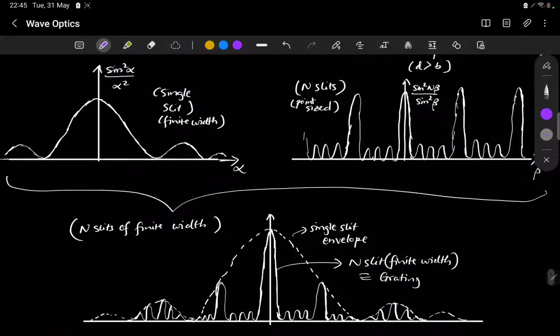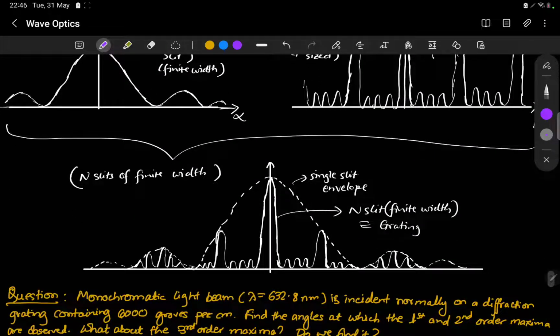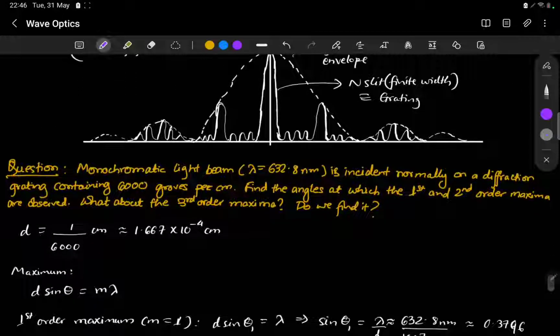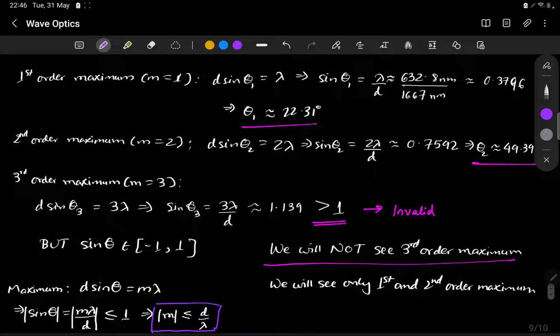And then we solved a question in which we realized that it is not possible to see all orders of maxima in a diffraction grating. The orders of maxima are limited by the d by lambda ratio.